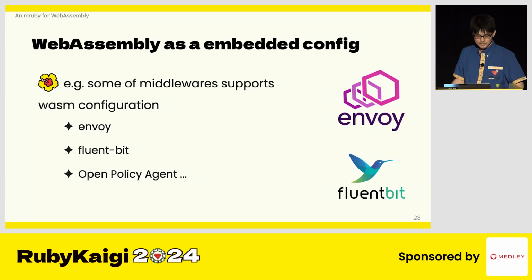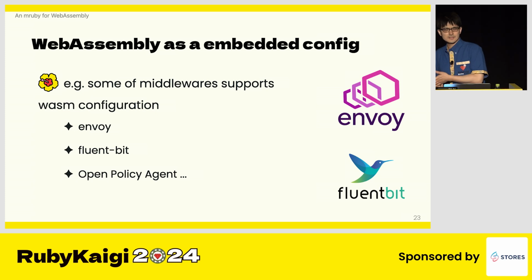So, for example, Envoy is a very high-performance cloud-native load balancer solution, and it can use WASM as a configuration DSL. Or Fluent Bit, or Open Policy Agent. Cloud-native technology uses WASM as a configuration binary.